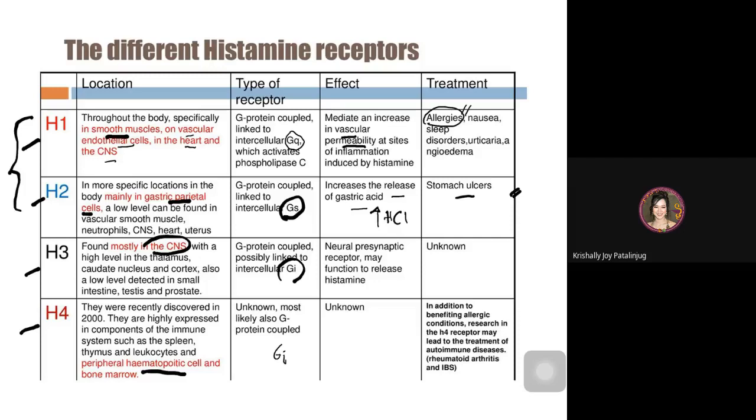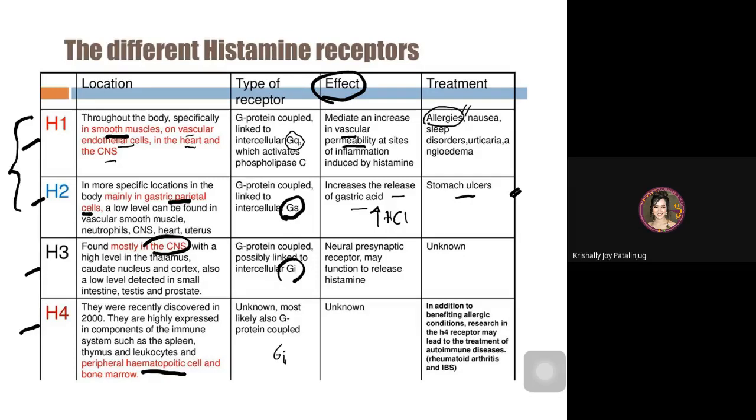So common nga atong drugs nga ma-encounter is mga blockers of this histamine receptors, mga blockers. Kasi again, yung mga effect nila somehow brings a negative, more siya negative ang dating ba, na mga effect. Okay? So we have to counteract those effect upon activation of this histamine 1 and 2 receptors. Okay? So let us now proceed to the drugs.